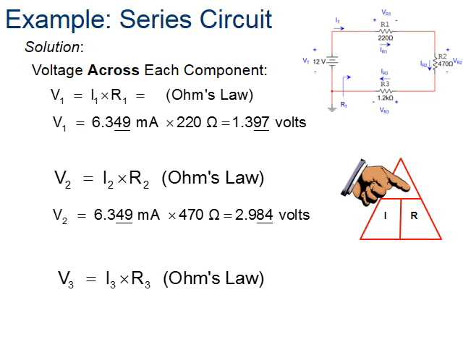It's the same current. We just use the resistor value for R2, which is 470, and we get 2.98, or 3 volts. And for R3, we apply the same thing, but instead we use 1.2 kilohms, or 1200 ohms. Make sure that you convert that to 1200, and we get 7.62 volts.